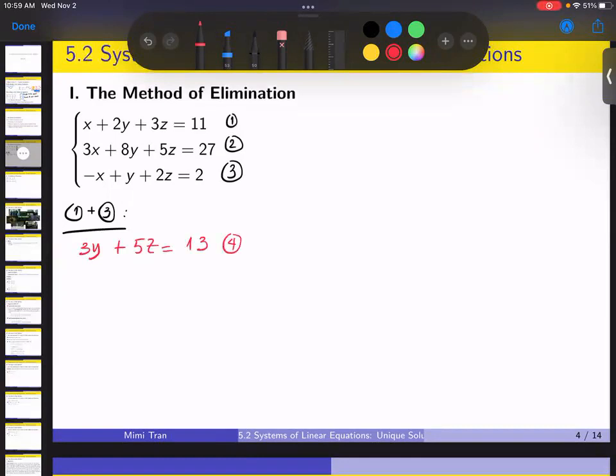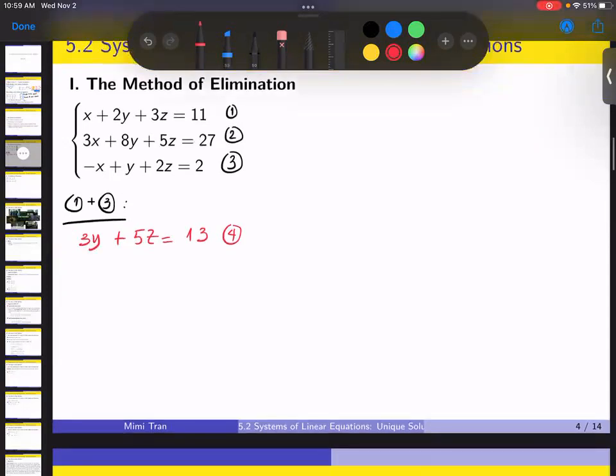The number in the circle means the number of the equation. Now I want you to pick another pair, not 1 and 3 again. It could be 1 and 2 or 3 and 2, but not 1 and 3. Then eliminate the same variable. Stick to the same thing. If you decide to eliminate x, just stick to x. So pick another two equations and eliminate x together.